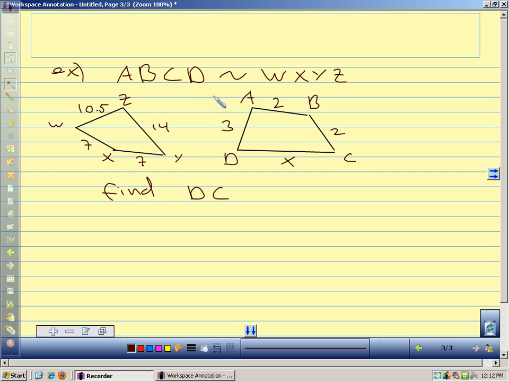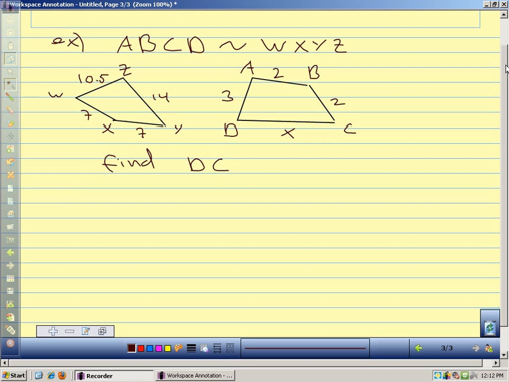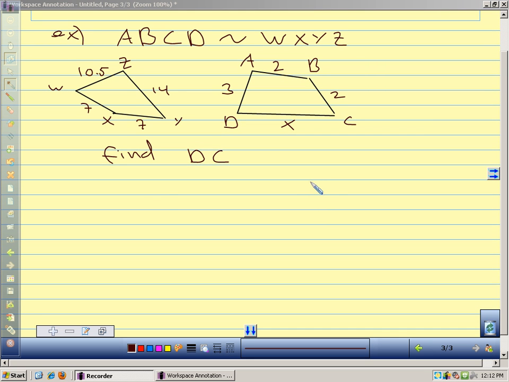So we know that these are similar. Because these two shapes are similar, the corresponding sides have the same ratio. So let's figure out our corresponding sides. And I'm going to switch this around, and I'm just going to say CD, because that's how I have it written up here. Doesn't matter which order to find the length.